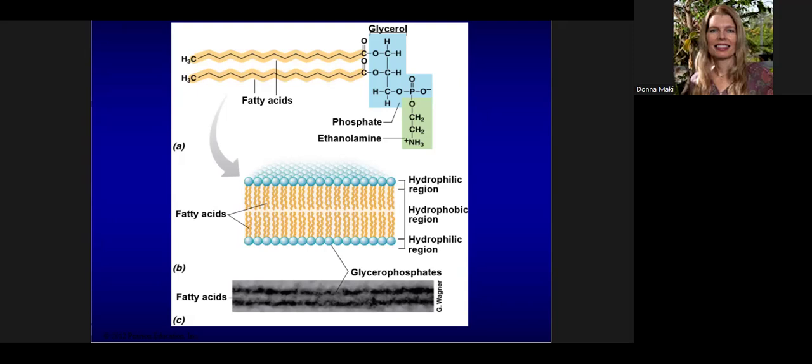So if you dump fatty acids with the phosphate and the glycerol into water, they're going to naturally form this bilayer because the fatty acids want to hide away from water, whereas the phosphate glycerol wants to interact with water. And so it gives that lovely bilayer membrane.